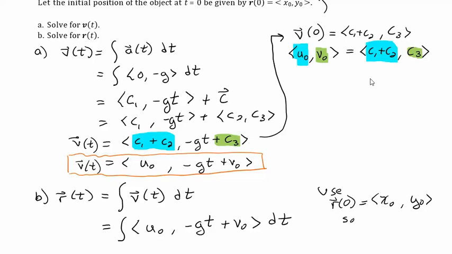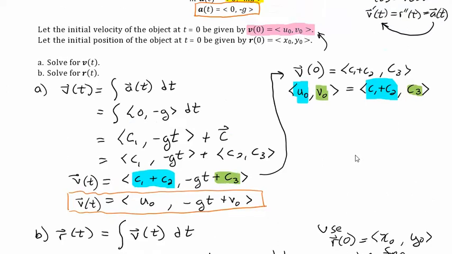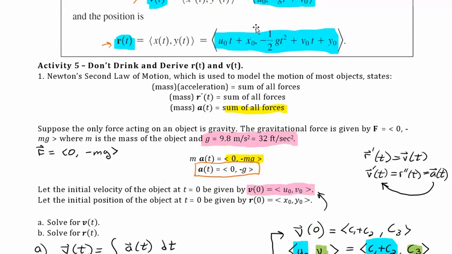You're going to use that to solve for your constants and get rid of all your constants, whatever constants you end up with. Last time we had c1, c2, c3 to solve for. So when you're done, you want those constants gone. You want everything in terms of x sub 0, y sub 0, u sub 0, v sub 0. You want it to come out to look like this.